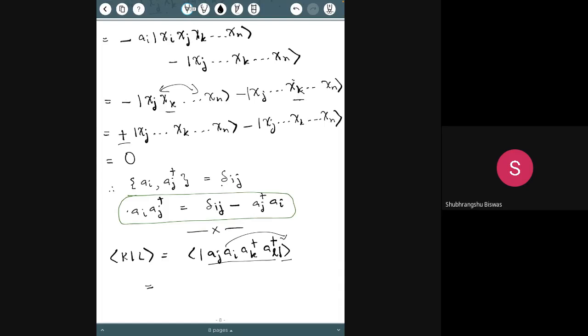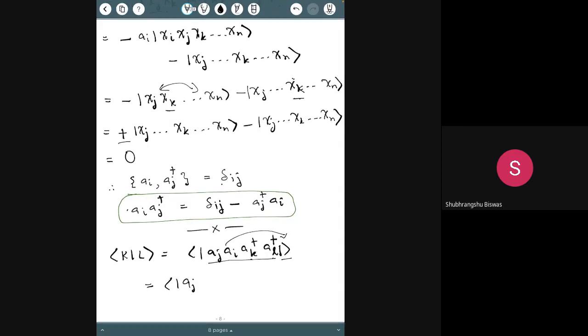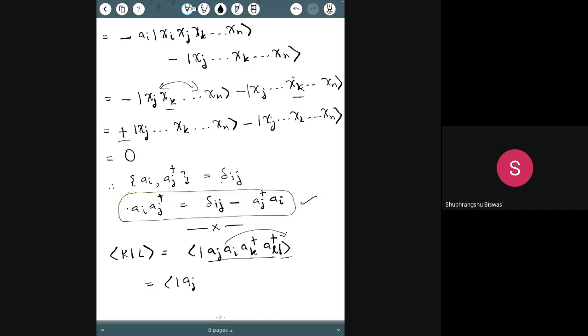So here, if I want to move AI to the right, I have to first switch it with K and then I can switch it with L. So AI AK dagger, we can use this relation to write it as delta IK minus AK dagger AI AL dagger.